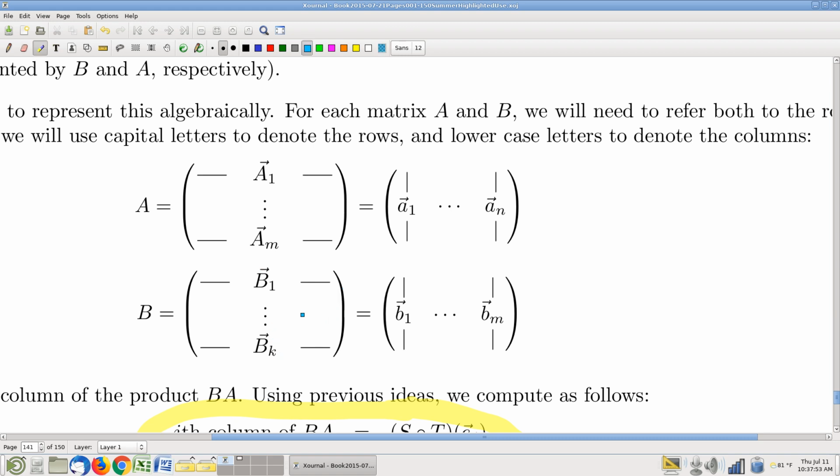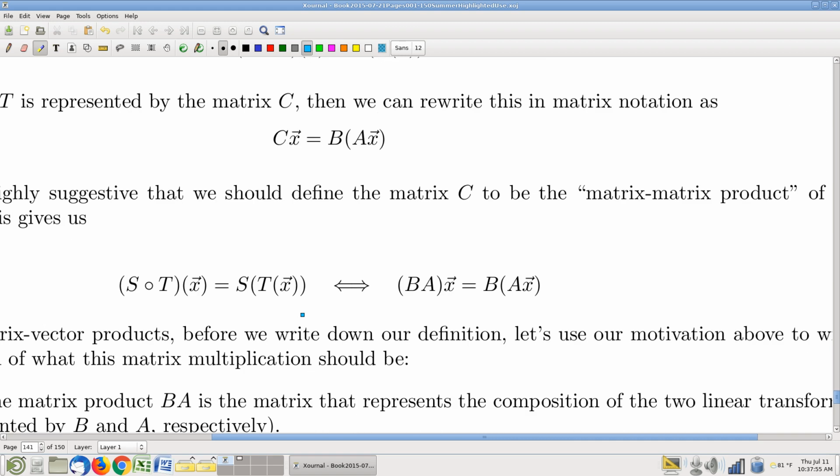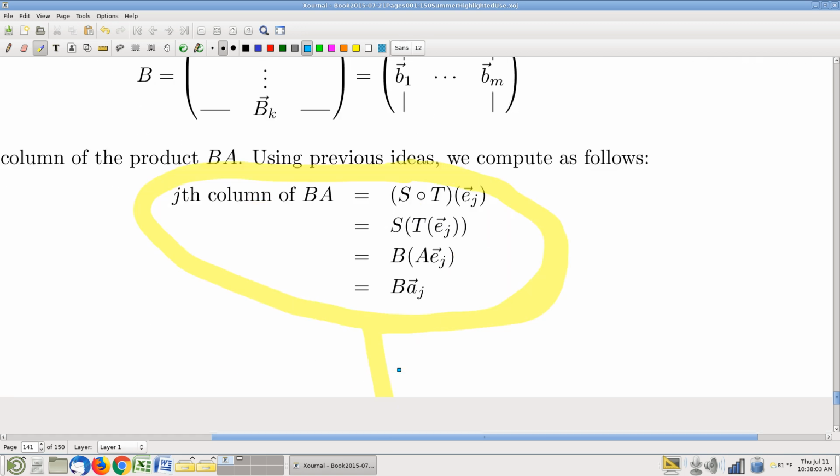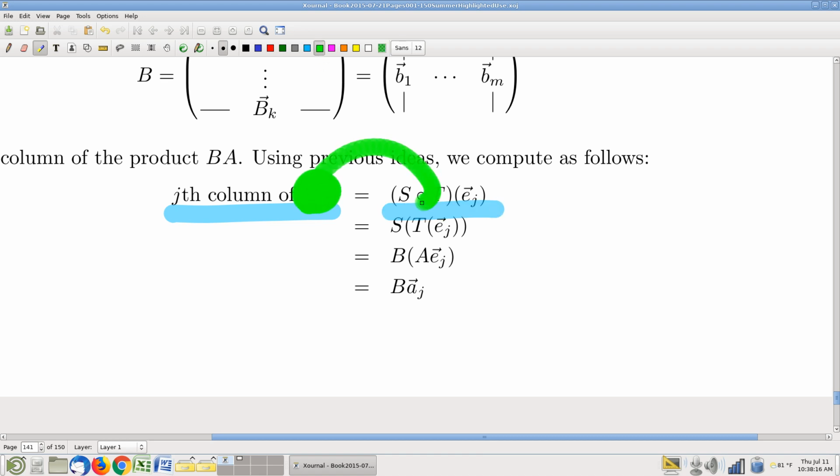Right? And now let me just proceed with the idea that a product has to come from composition. So, here it is. Let's look at the columns of this product. Again, columns are a nice foot in the door because they're the images of the standard basis vectors. So, columns are images of standard basis vectors. Product corresponds to composition.